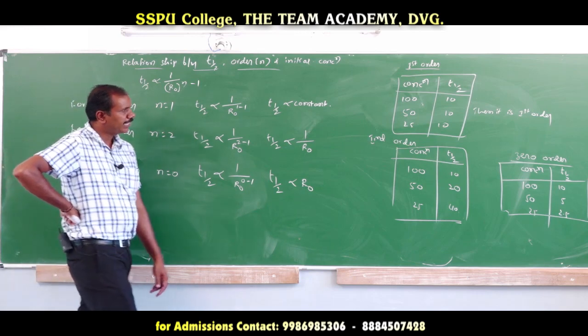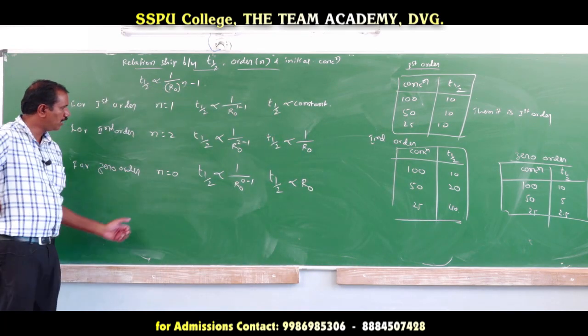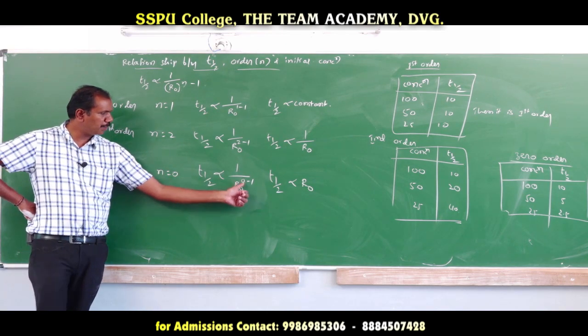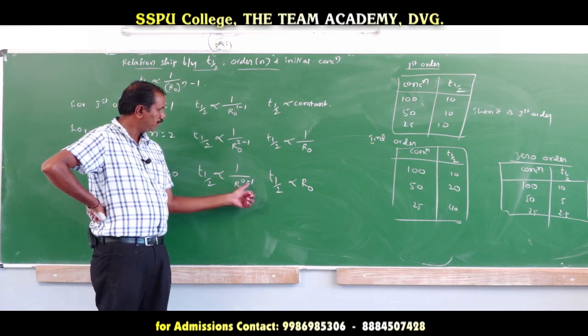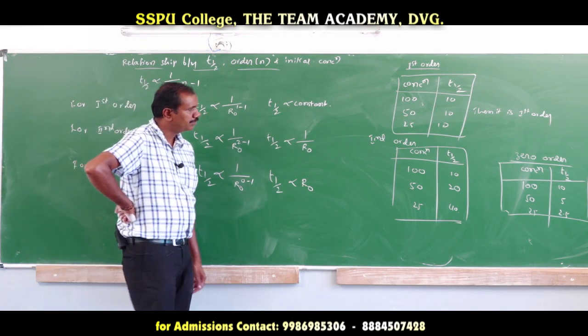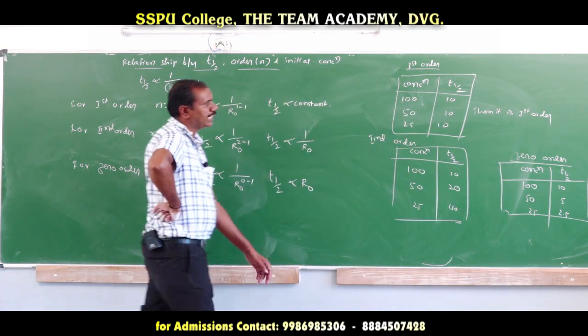If the initial concentration decreases, T half increases. For zero order, n value is 0, 0 minus 1 means T half is directly proportional to R naught. If the initial concentration decreases, T half goes on decreasing.